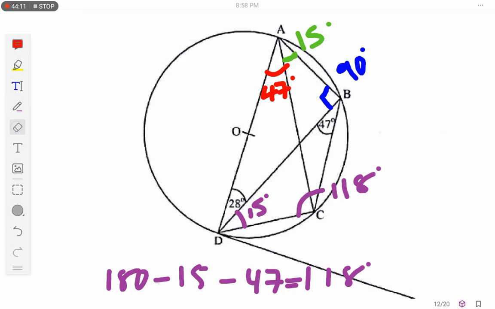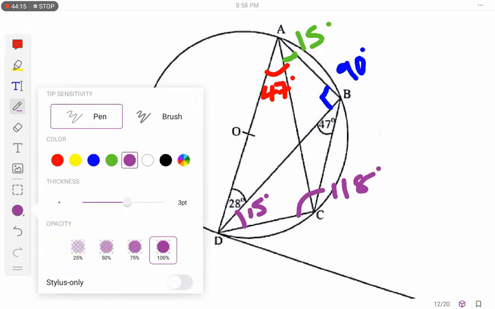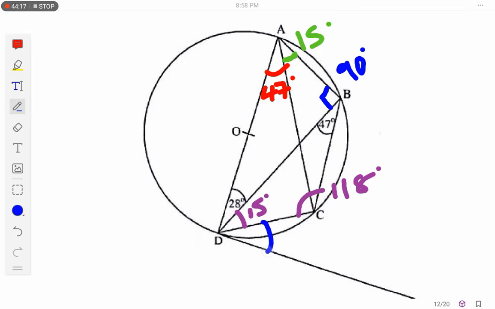Then the last angle that I can also find is this angle here. This is the tangent angle. The tangent angle is normally equal to the interior opposite angle of our triangle, this one. So it's going to be 47 degrees there.